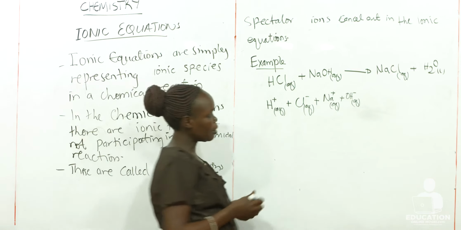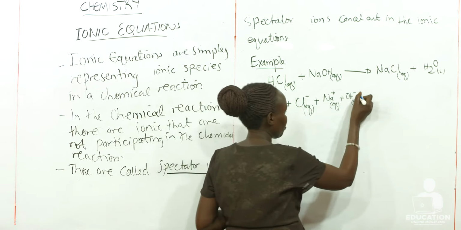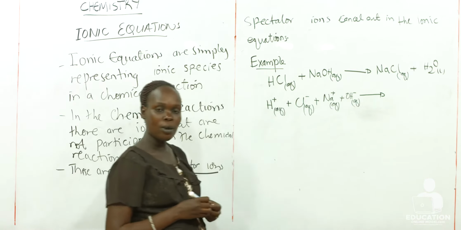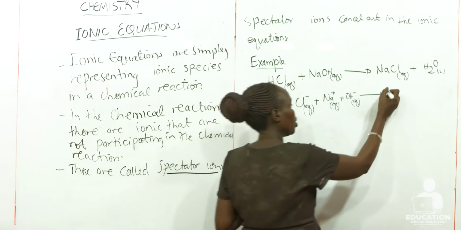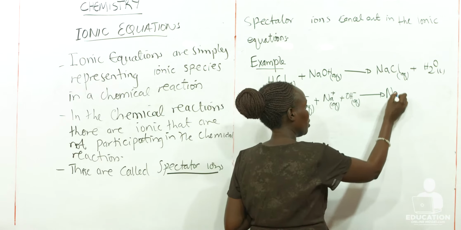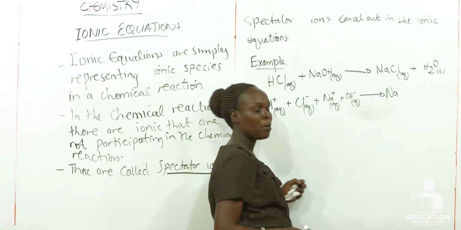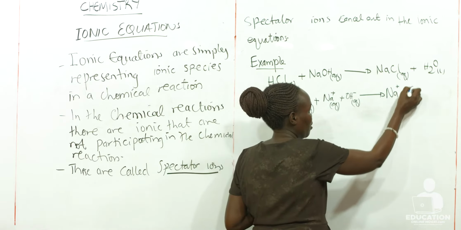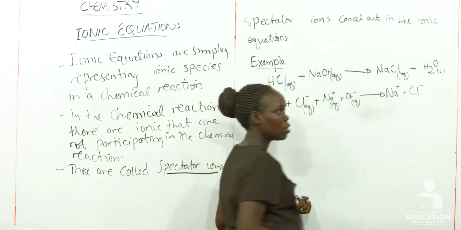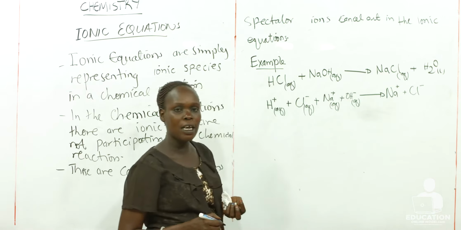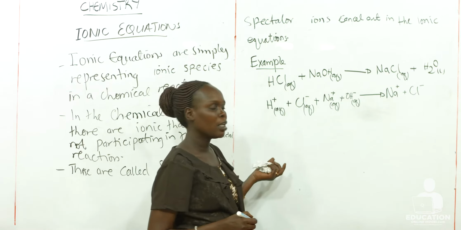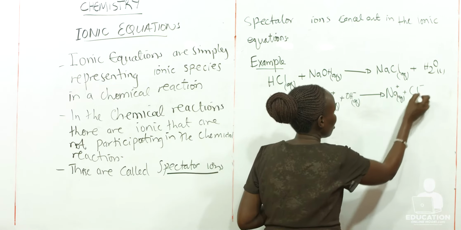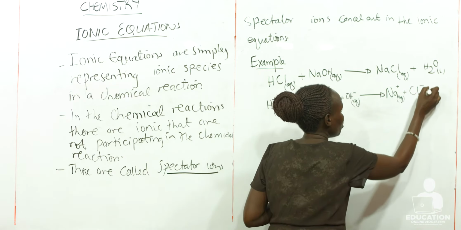At the product side is sodium chloride. We are going to dissociate it because it is an aqueous solution, and we have the positive sodium ion and a negative sign at the chloride ion. All of them are aqueous solutions that dissociate.